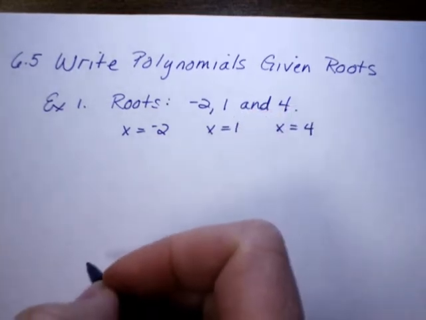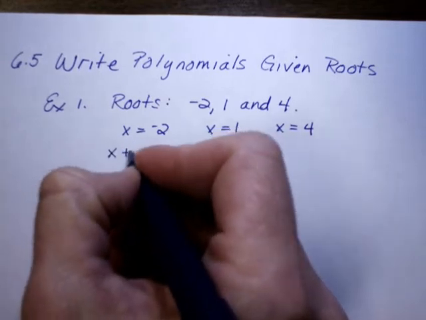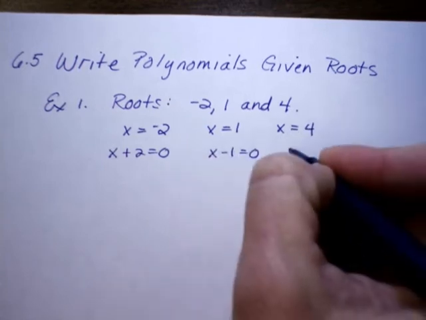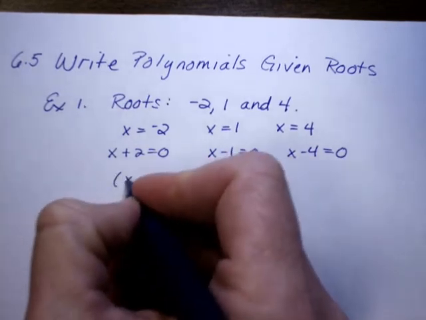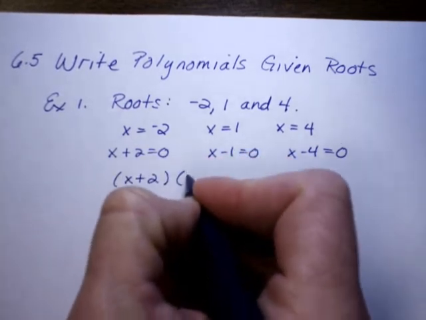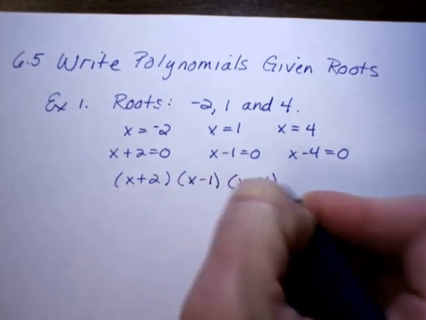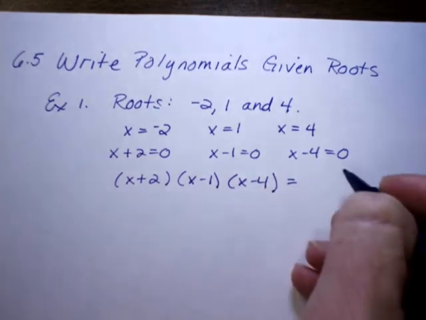Then I'm going to set each of these equal to 0. And now I have 3 factors that, when multiplied together, are going to give me my polynomial.